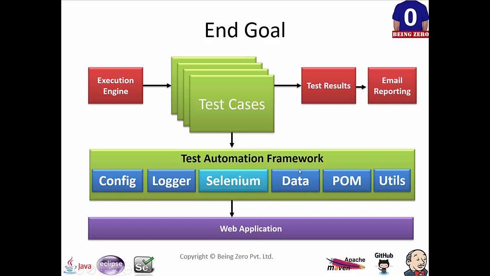So we create a framework with various pieces that are shown here in this diagram, and then we run our test cases through an execution engine, which in the real world would be TestNG, or NUnit in case people are using C#. And then the test cases are executed every day by the test engine, and they are scheduled on either a single machine or using a grid on a set of multiple machines, and then test results come out and an email report is sent out.